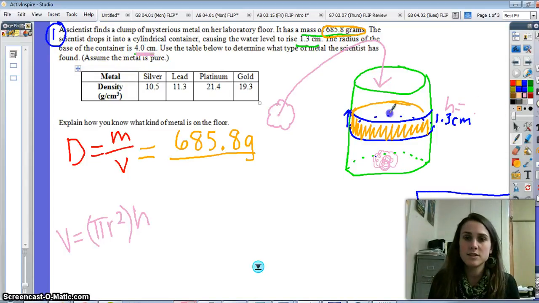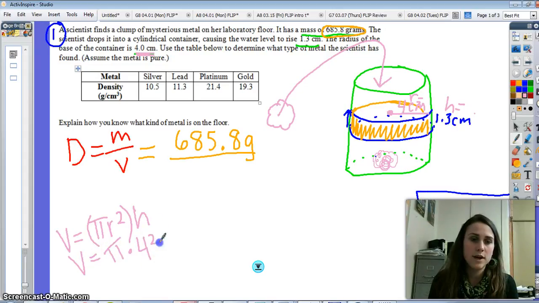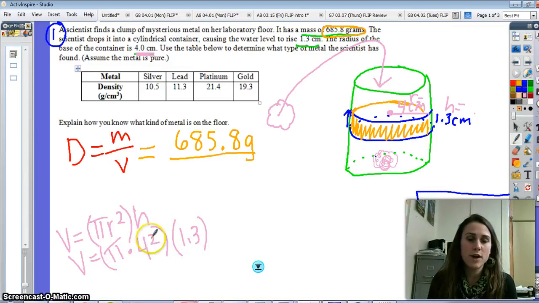Radius extends from the center of the circle to the edge. That's 4 centimeters, and that's my radius. So I'm going to plug those numbers into here. Volume equals pi times my radius is 4 squared times the height of 1.3 centimeters. Now I'm only squaring my 4 here. I'm going to do 4 squared, or 4 times 4, and then multiply by pi, and then by 1.3.